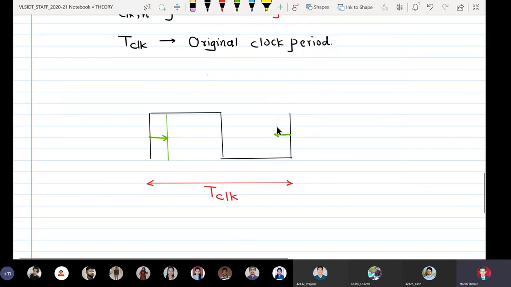Similarly, the same way, this edge can go away and this edge can also go away.